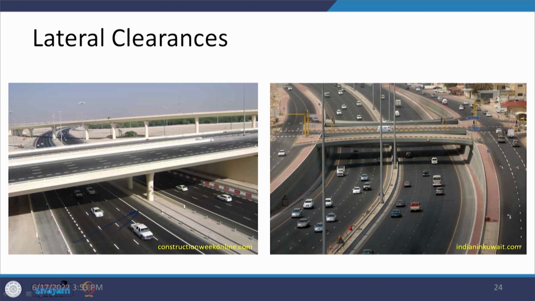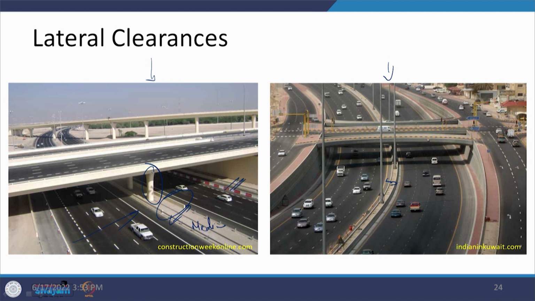This is a multi-lane system. Now, this is a median and there are piers here which are supporting the overhead structure. This is a wide system being provided, but if you look at an urban area, then this is a narrower system being utilized here. That is the difference between these two systems.